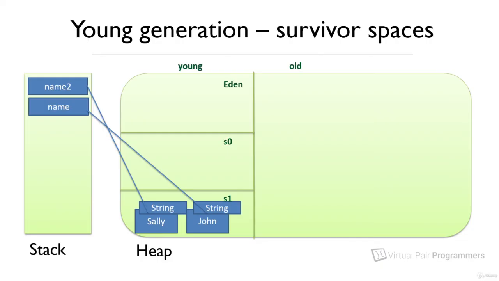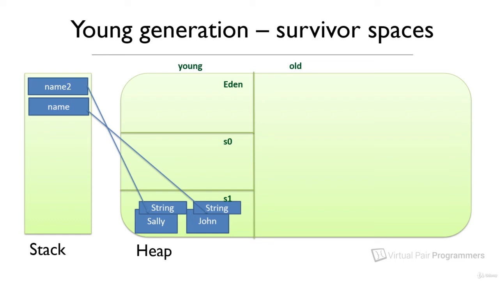But back to what we were talking about, each time that an object gets moved from S0 to S1 or from S1 to S0, we say that this object is now one generation older. So an object that has been swapped between S0 and S1 say 5 times will have survived 5 minor garbage collections or 5 generations.